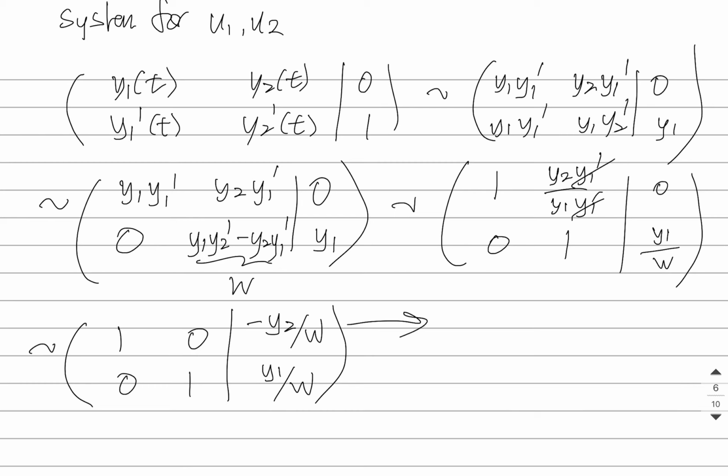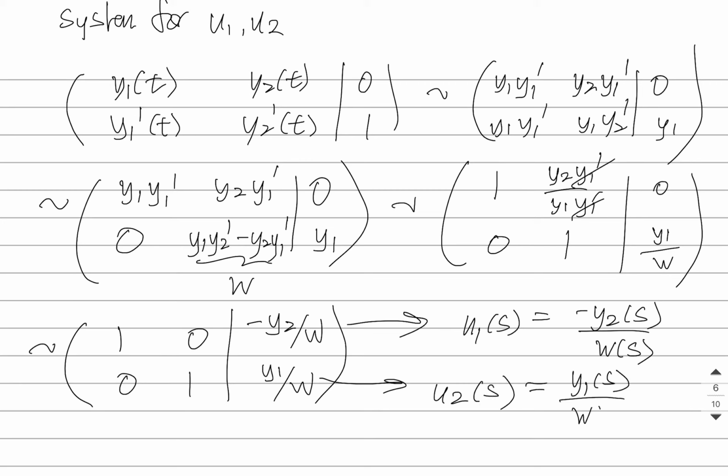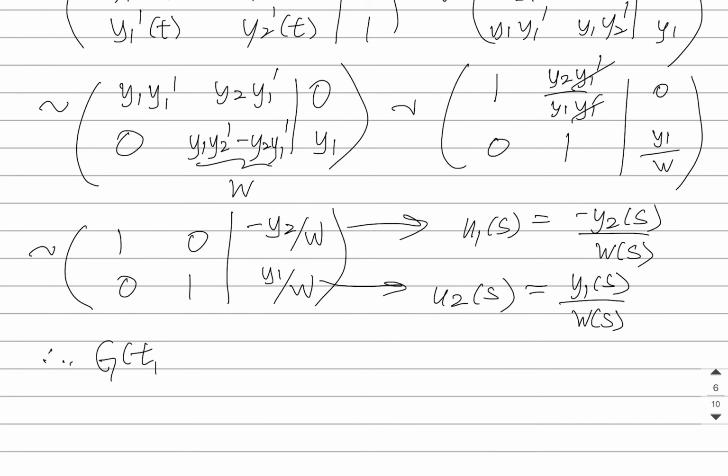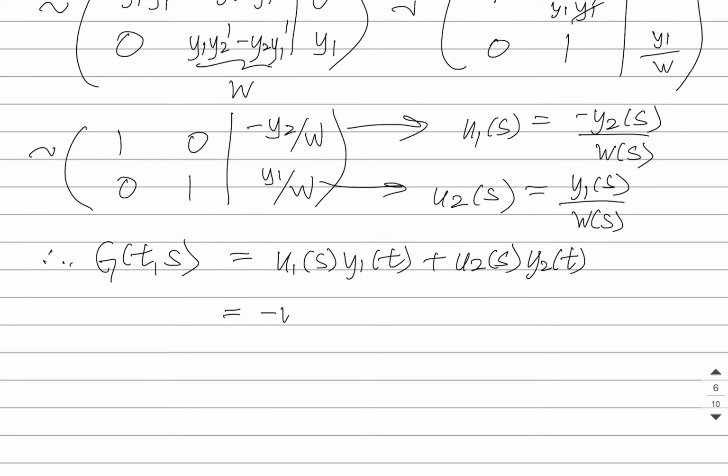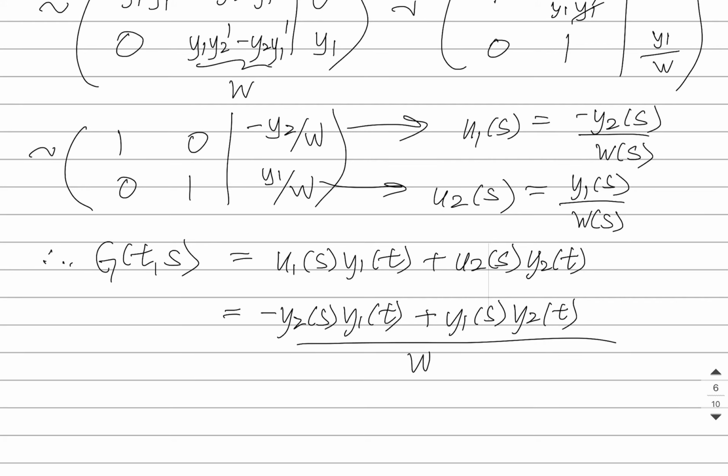So what this result tells me is that u1 of s is going to be negative y2 of s over w of s, and u2 of s is going to be y1 of s over w of s. So this Green's function was u1 of s, y1 of t, plus u2 of s, y2 of t: negative y2 of s, y1 of t, plus y1 of s, y2 of t, all over w of s.